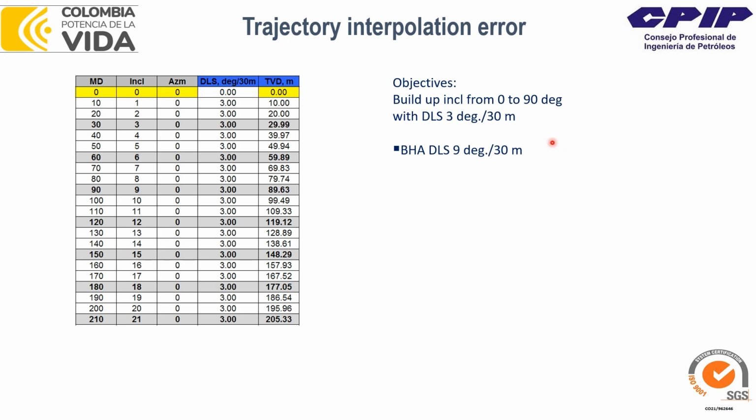In terms of calculation it doesn't matter if you slide the first 10 meters and then rotate 10 meters and 10 meters, or slide in the middle, or at the end. In all three cases, the static MWD survey will show you the correct angle and a dogleg severity of 3 degrees per 30 meters, right?